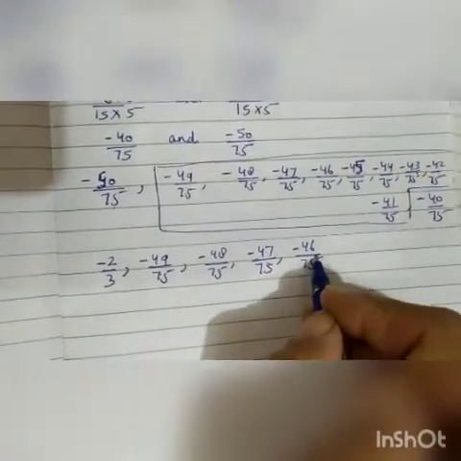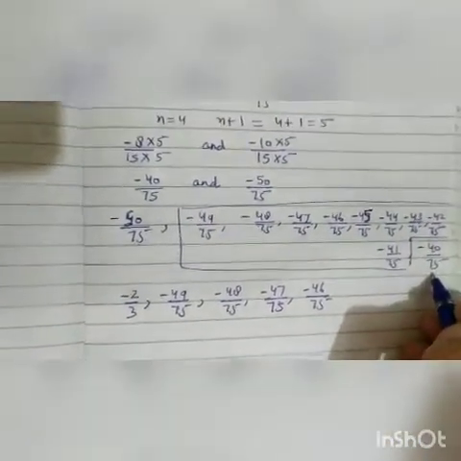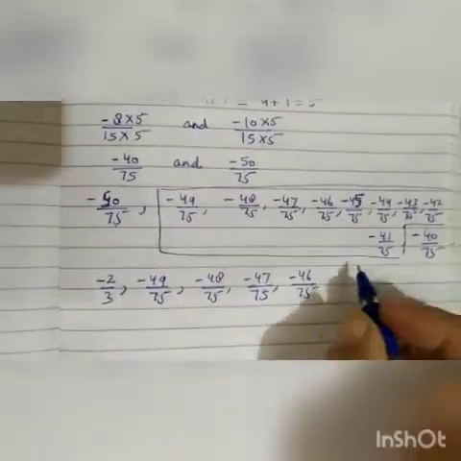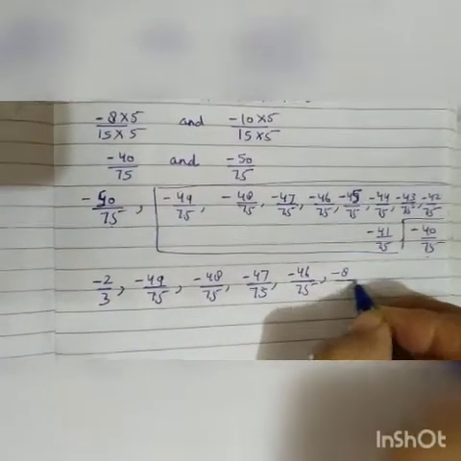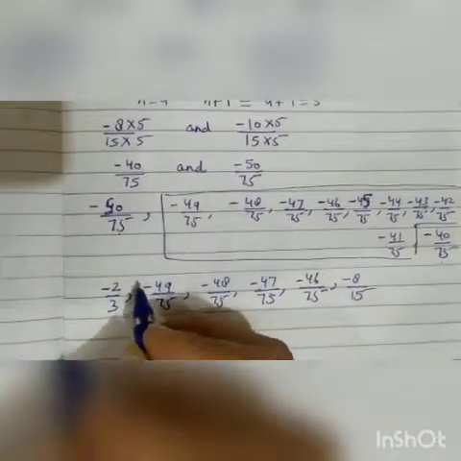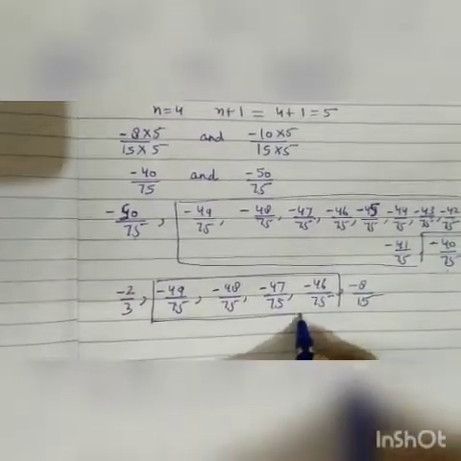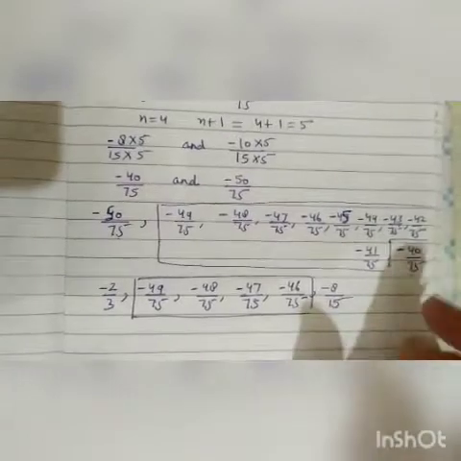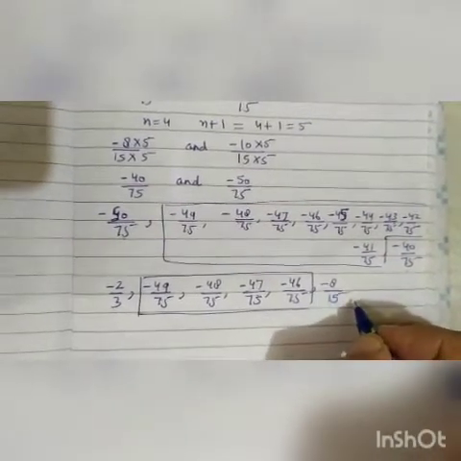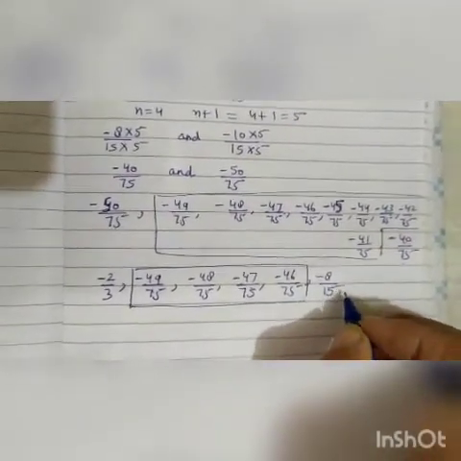These are 4 rational numbers. Now write this minus 40 upon 75. It means minus 8 upon 15. So these are the 4 rational numbers between minus 8 upon 5 and minus 2 upon 3.